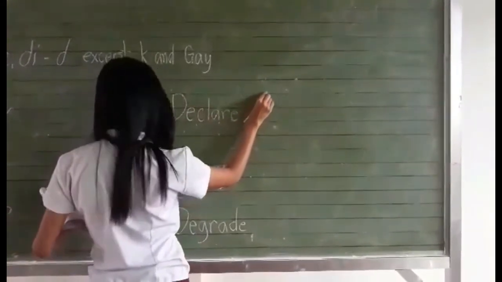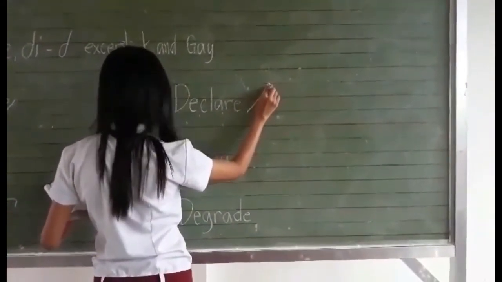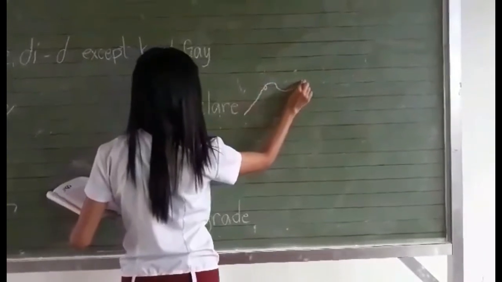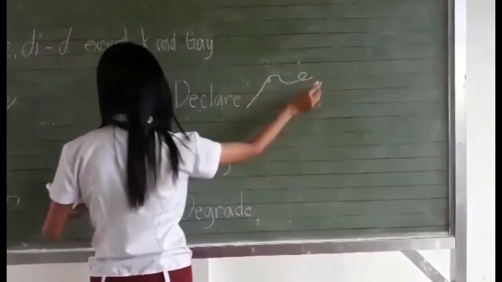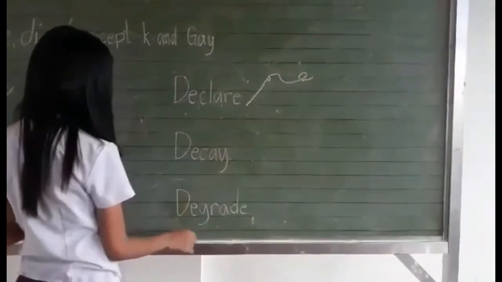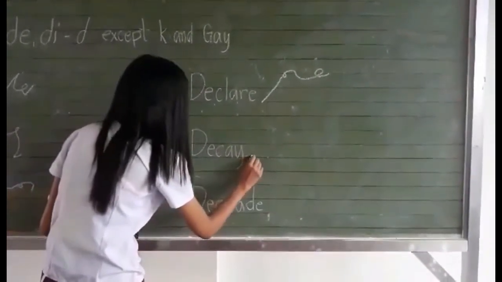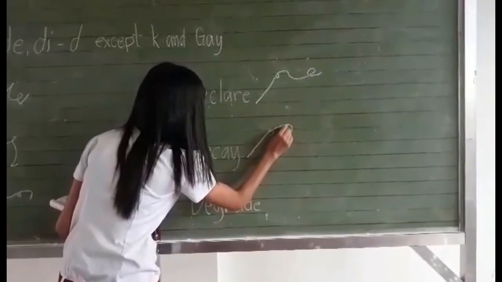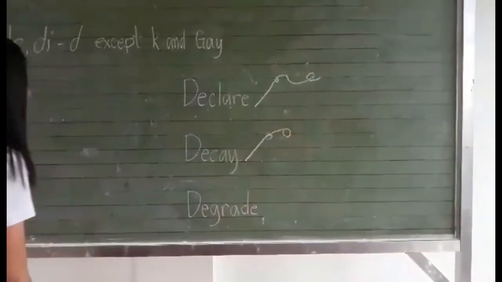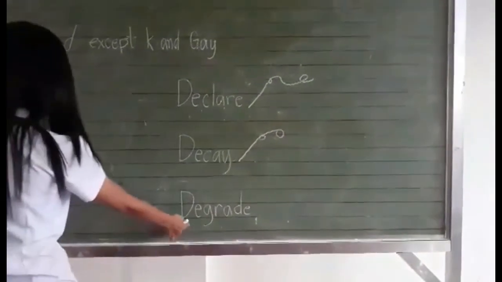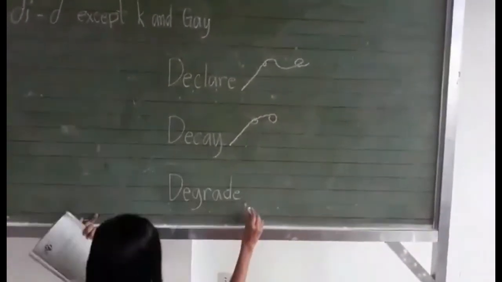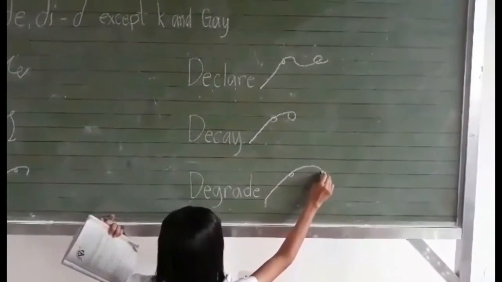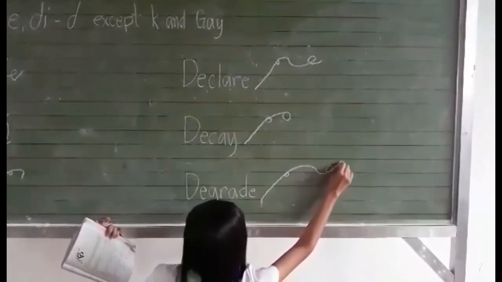Declare is represented by D, E, K, L, A, and R. Next word is decay, represented by D, E, K, and A. Degrade, represented by D, followed by E, G, R, A, and V.